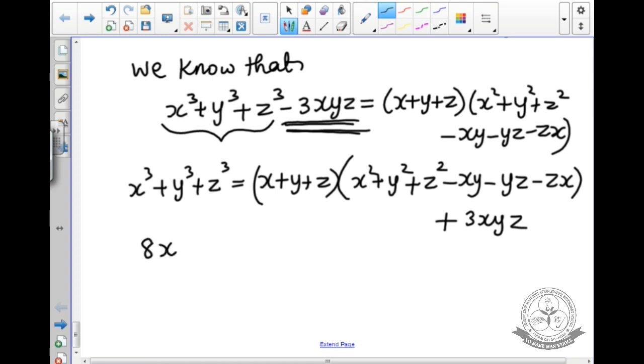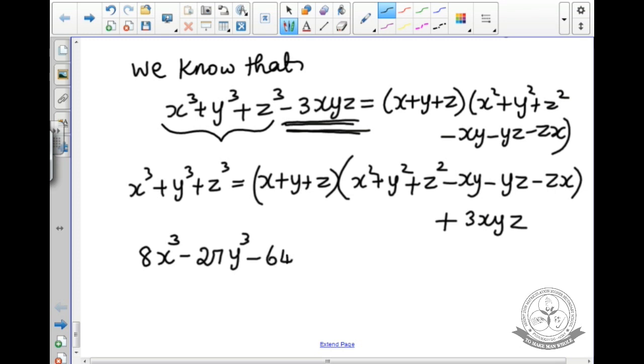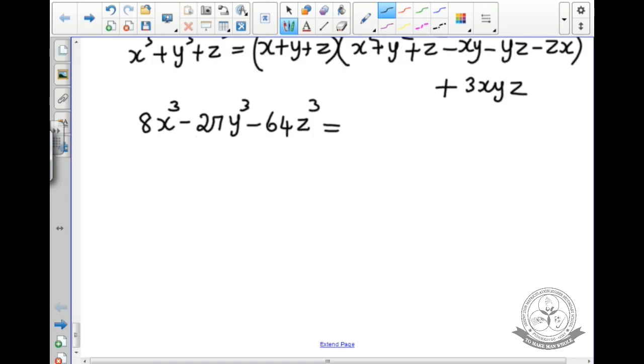Okay, so what we want to find actually? 8x cube minus 27y cube minus 64z cube. Okay, so this can be written as, it's a cube, no?